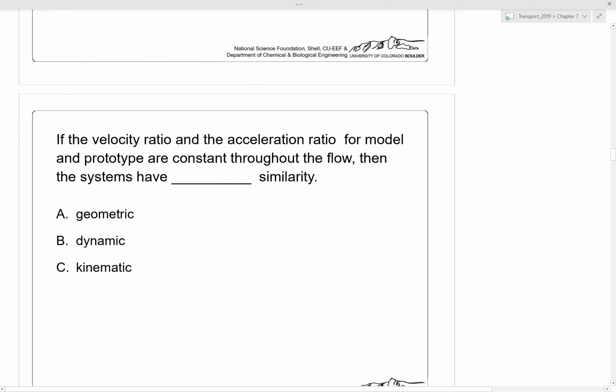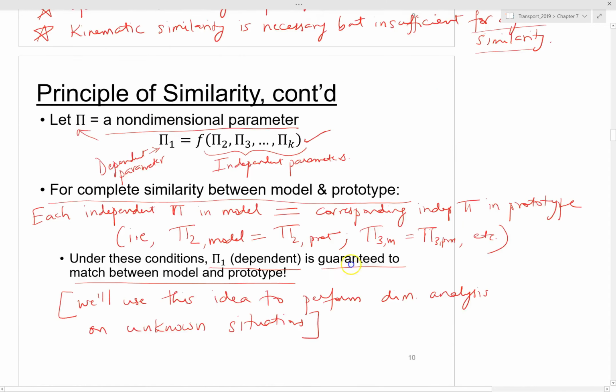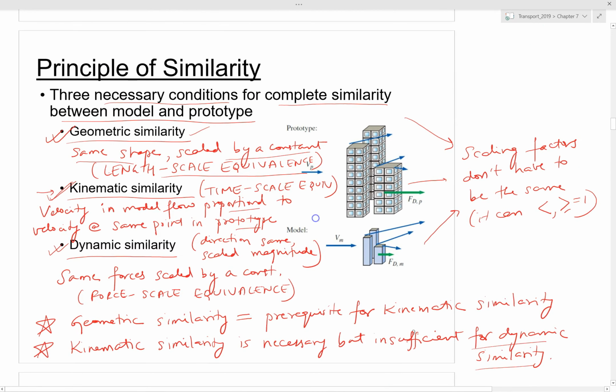If the velocity ratio and the acceleration ratio for model and prototype are constant throughout the flow, then the systems have, going back, velocity and acceleration.